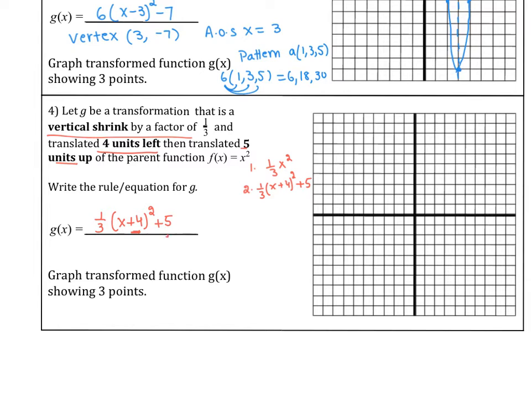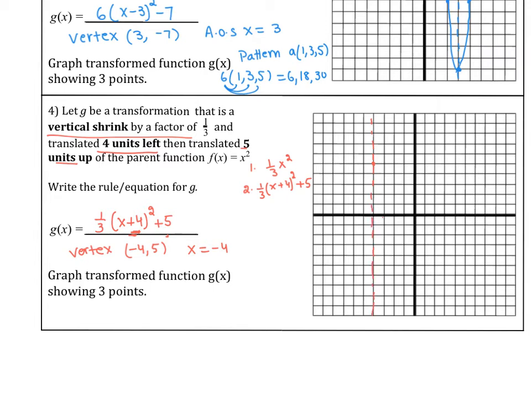Remember, left and right means that you're adding or subtracting inside of the function. For vertical translation, up or down, you're adding outside the function. Now the vertex for this problem is (-4, 5), which is this point right here. And then the axis of symmetry is x = -4, that is passing through -4.